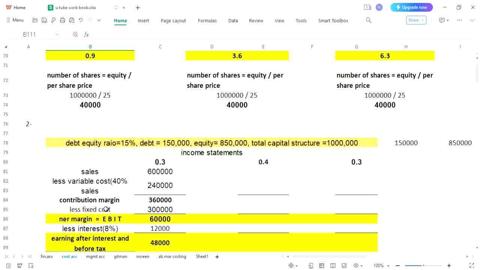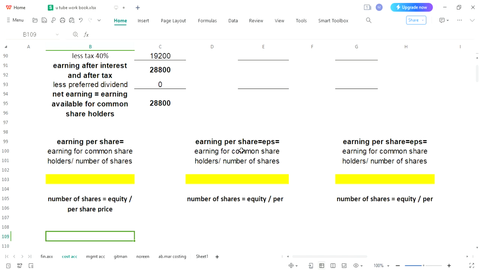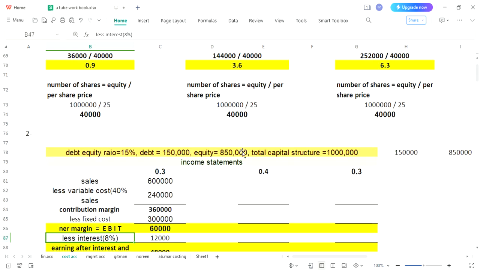So go back to the heading, your equity has been changed to 850,000 and this has been calculated over here. Since total structure was 10 lakh or 1 million, out of this 1 million, 15% was debt. So 150,000 debt, remaining amount equity 8 lakh 50,000. Our equity is 8 lakh 50,000 and we need to divide it by the per share price 25. It is mentioned in our question.